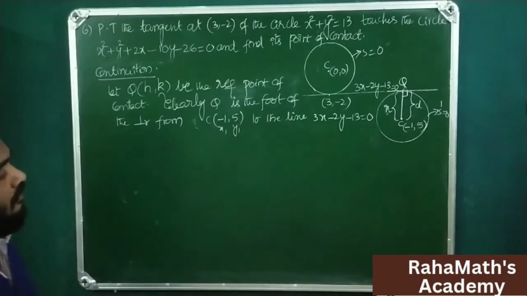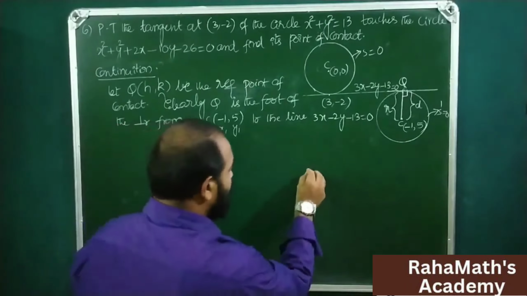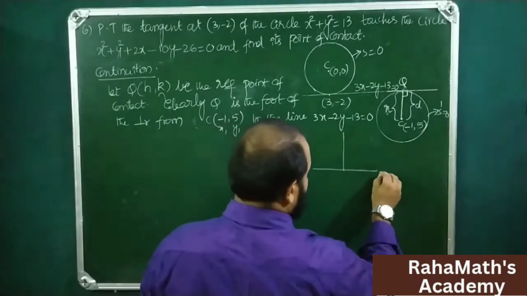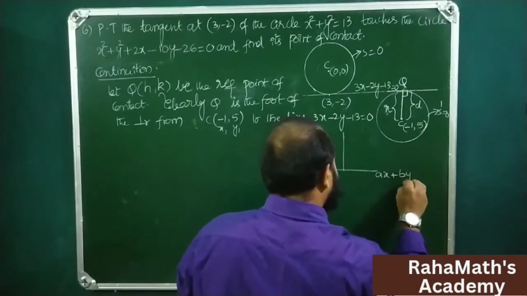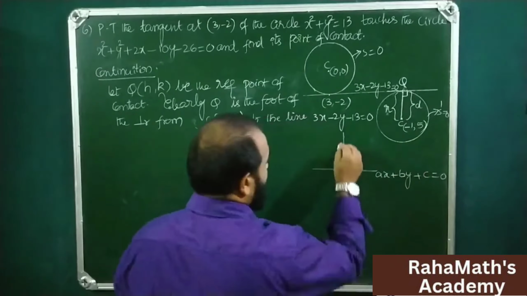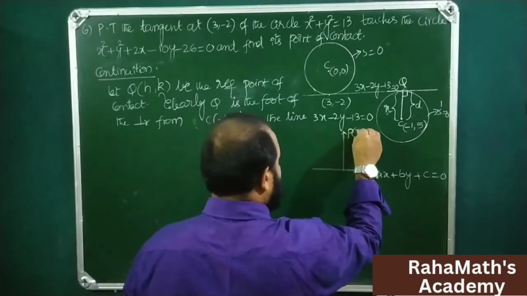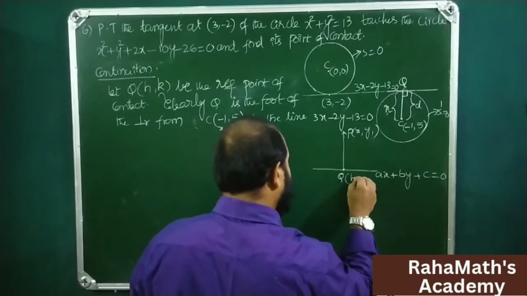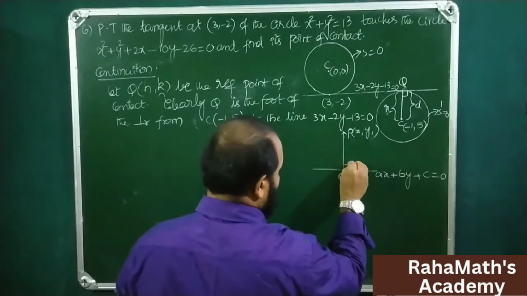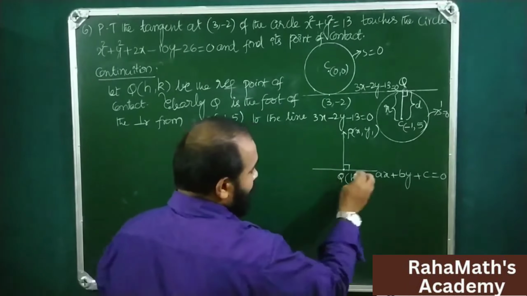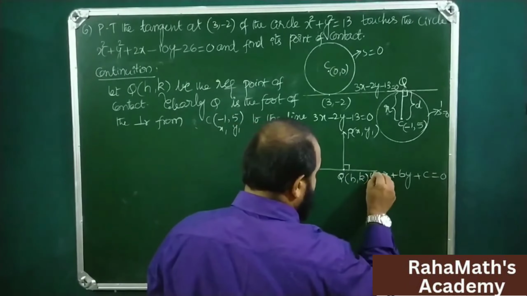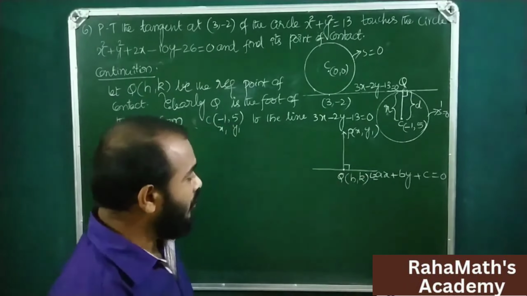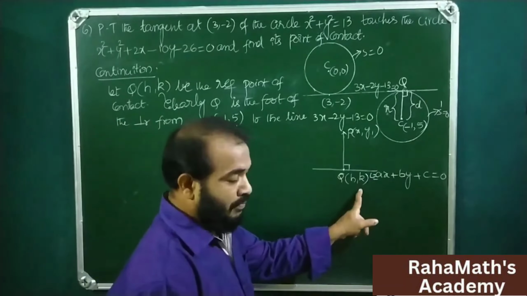So remember the foot of the perpendicular concept. This is ax + by + c = 0, this is P(x1, y1), and this is Q(h, k). Let us suppose the line to be L. So PQ is perpendicular to L, and Q(h, k) is the foot of the perpendicular.